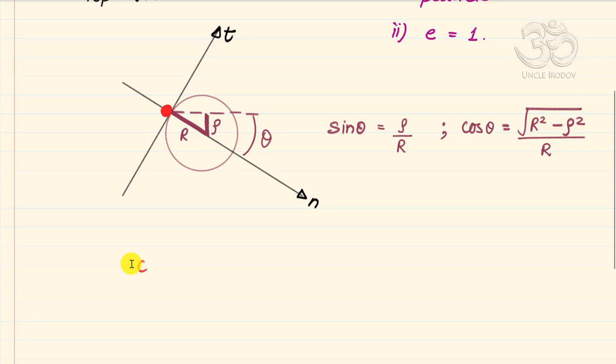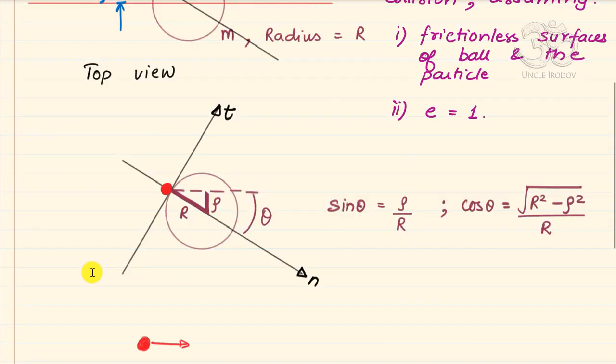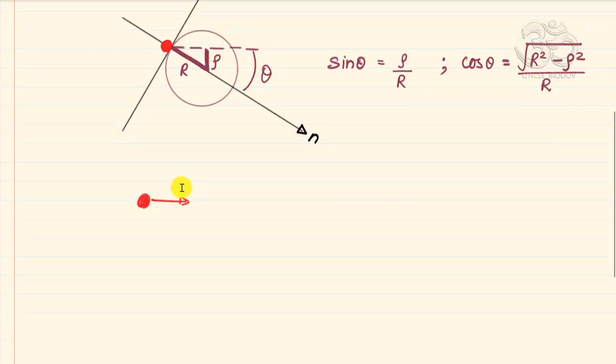For the particle, if I draw the velocities, just before the collision it had a velocity like this, and its value was v, and there was a component along the normal axis. In fact, I have drawn it too inclined, maybe this way, and that was v cos theta, because the angle here was theta, and the other component was v sin theta.